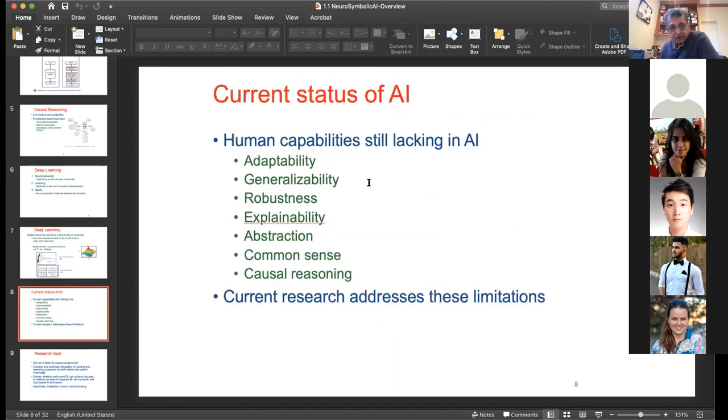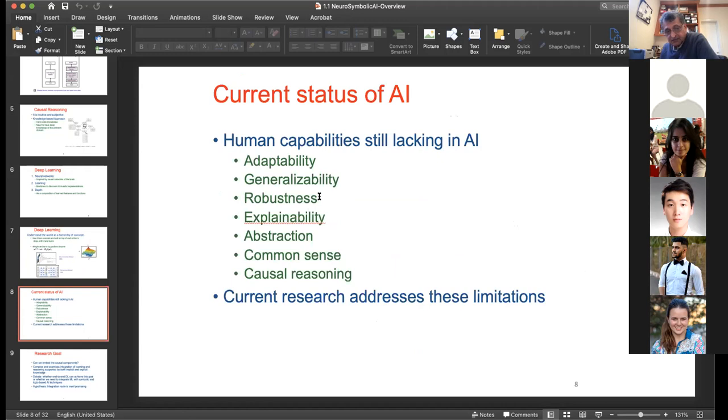So the current status of AI: where is AI today? Human capability is still lacking in AI. What is lacking? Adaptability, I guess, change to a slightly different problem. Generalizability, a very different looking input than what it was shown earlier on.